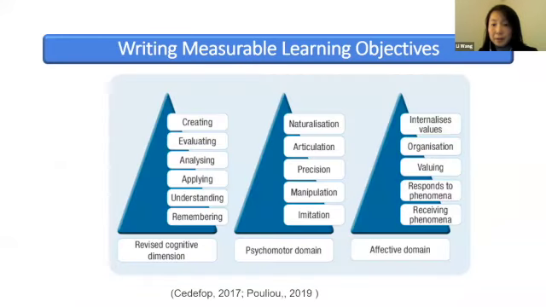And the next one I also want to bring to your attention is that Bloom's taxonomy is just one of the learning domains. We also have other domains, for example, the psychomotor domain and the affective domain, right? So for example, in dental medicine, I'm sure the students will need to demonstrate their competency, skills and knowledge in all these three areas.